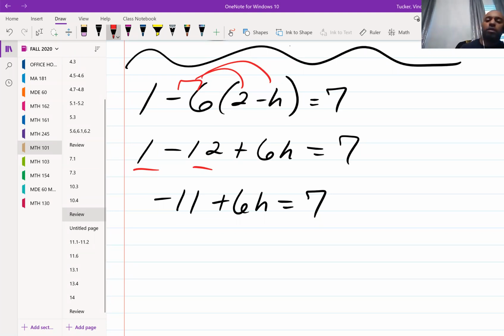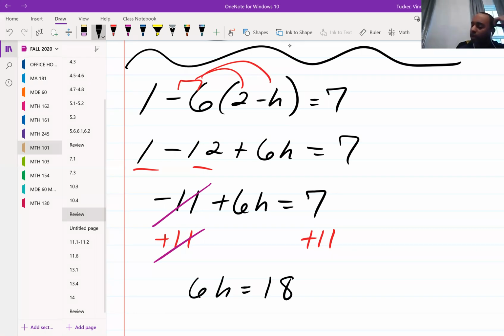Remember, your goal is to get h by itself, so we need to use our opposite operations in order to get rid of everything on the same side as h. So we'll be adding 11 because we had a negative 11. So that's 6h equal to 18.